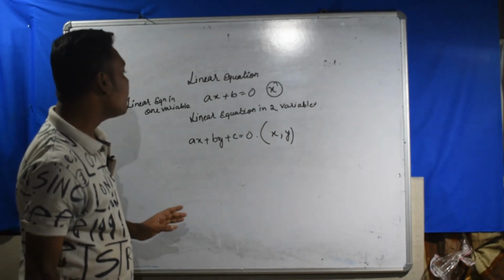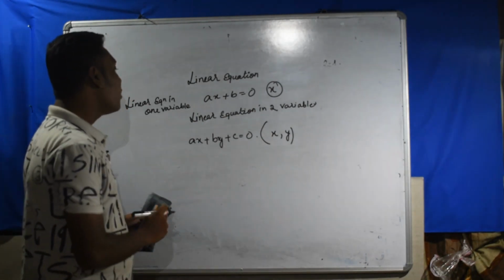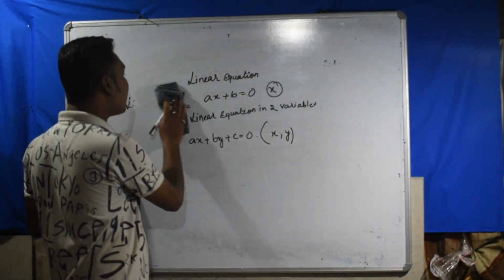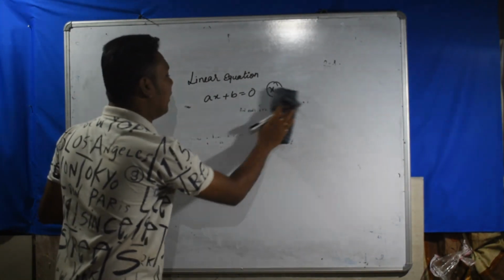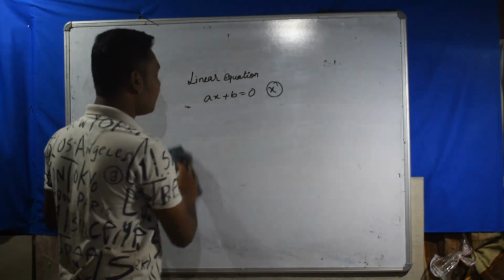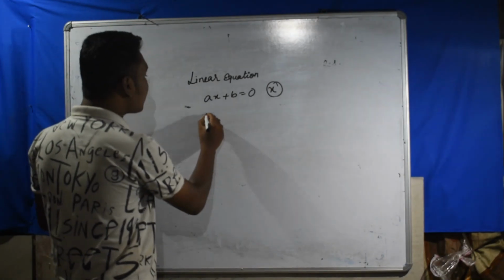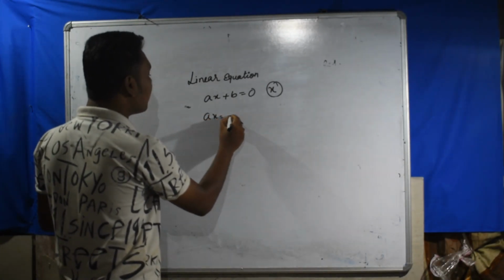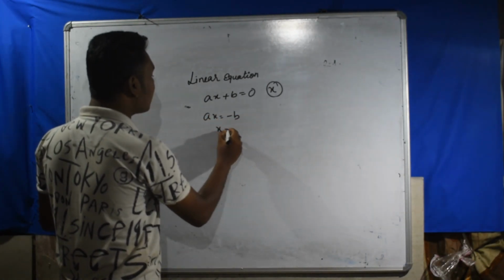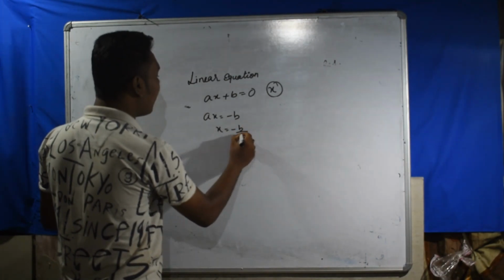Here the solution in a linear equation in one variable can be found directly: ax is equal to minus b, x equals minus b upon a.